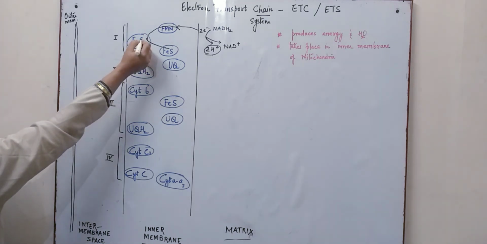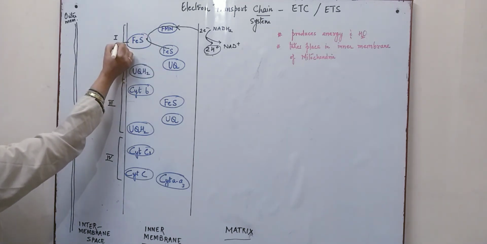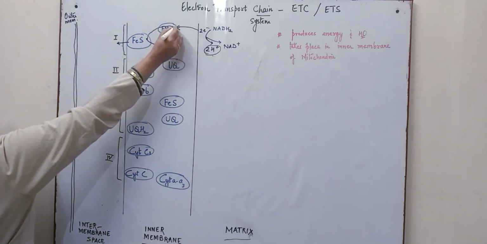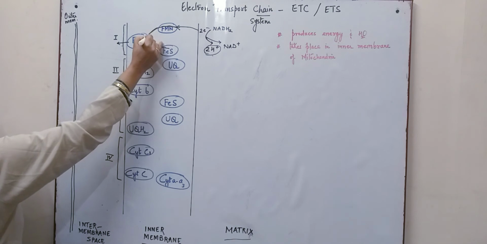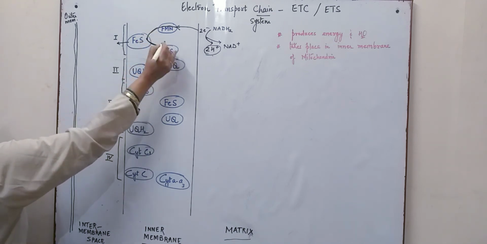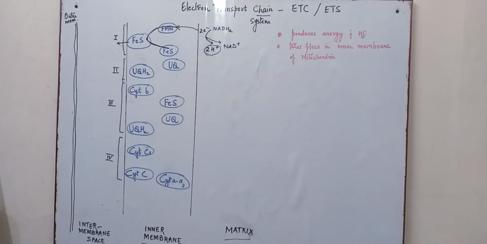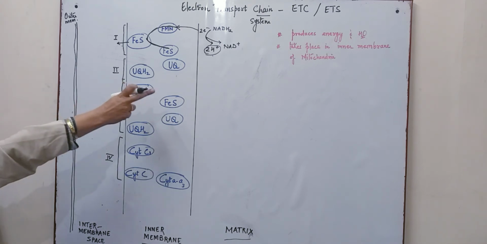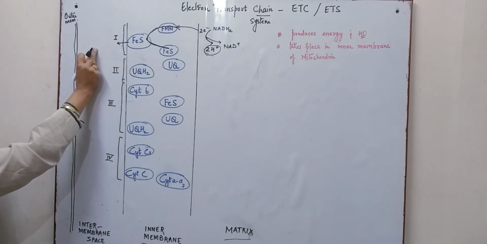This energy which is being released due to the passing of the electron from FMN, or the complex 1, is utilized to pump a pair of protons from the matrix into the intermembrane space.